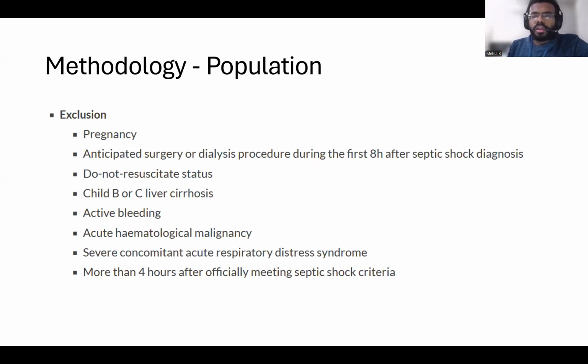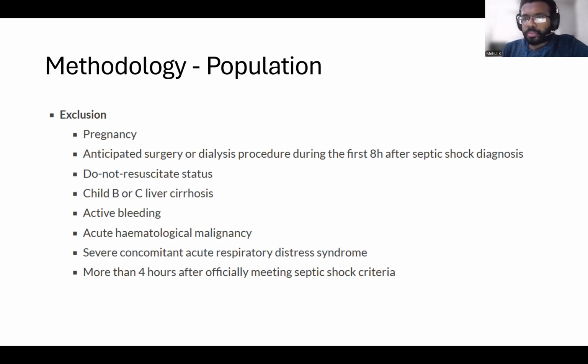Exclusion. A lot of trials will exclude patients who are going to have a very bad outcome no matter what you do. So patients with Child C cirrhosis, active malignancy, already DNR status were not included in the trial, and this is not surprising.